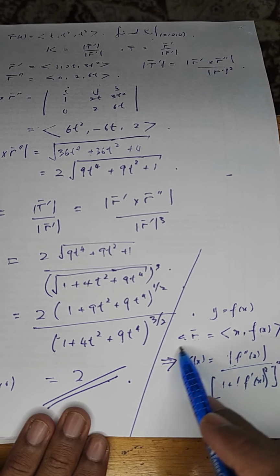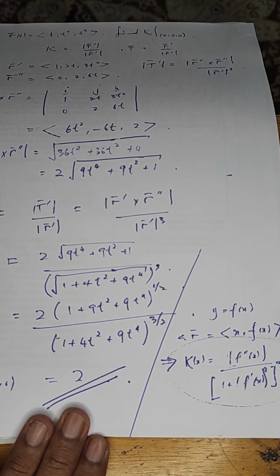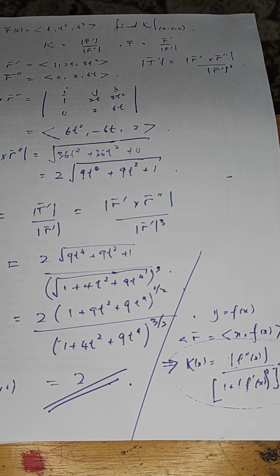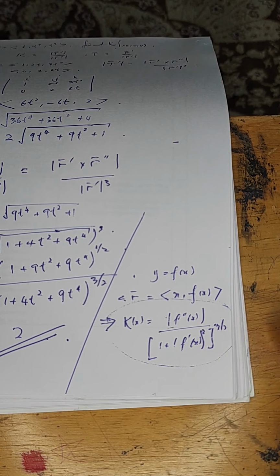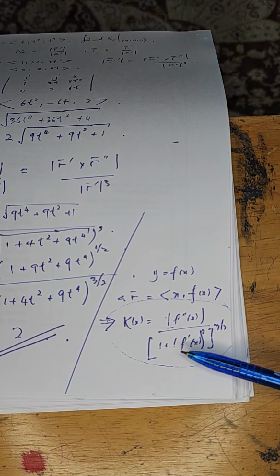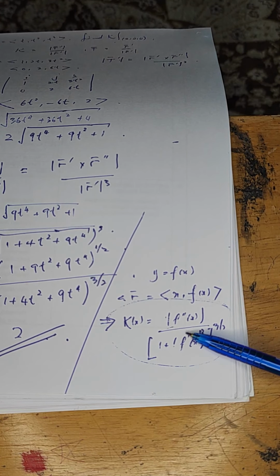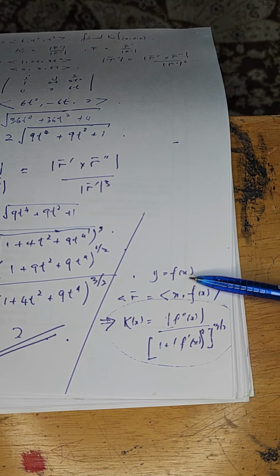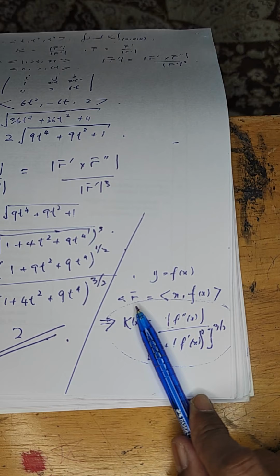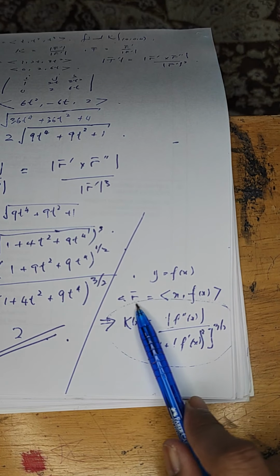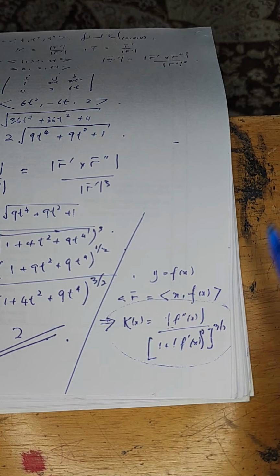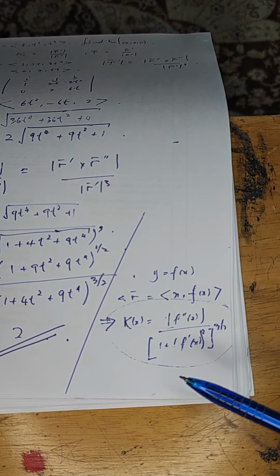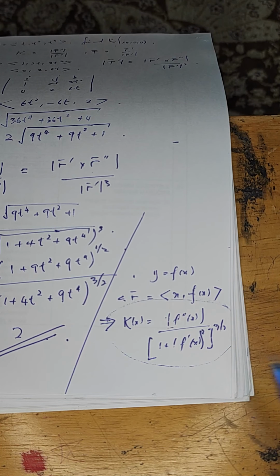This formula we have seen when I first introduced you the curvature for the real value function. Of course, you can take y equal to f of x, and from there you can find r. Then you can have r prime, r double prime. You substitute into those formulas, and then you get kappa as given.